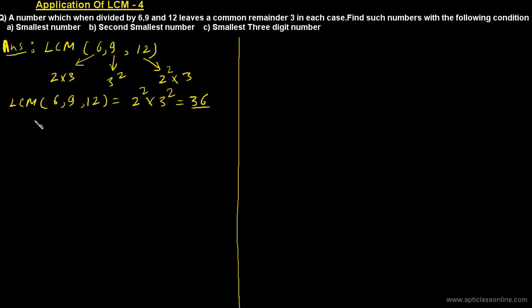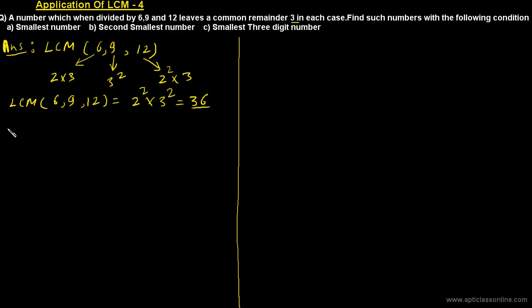So in case we want to find a number which when divided by 6, 9 and 12 leaves a common remainder 3, then since 36 is completely divisible by 6, 9 and 12, to get a remainder of 3 we just add 3 to 36.